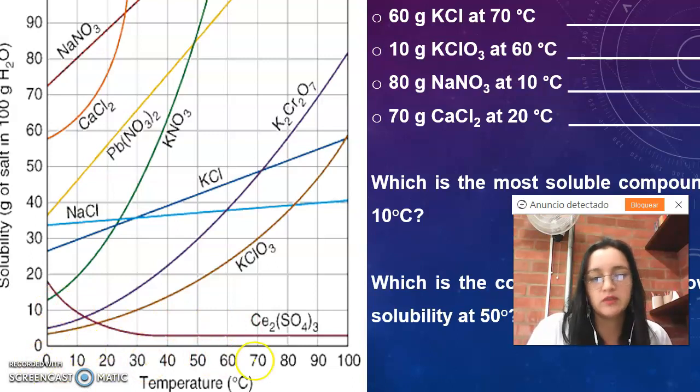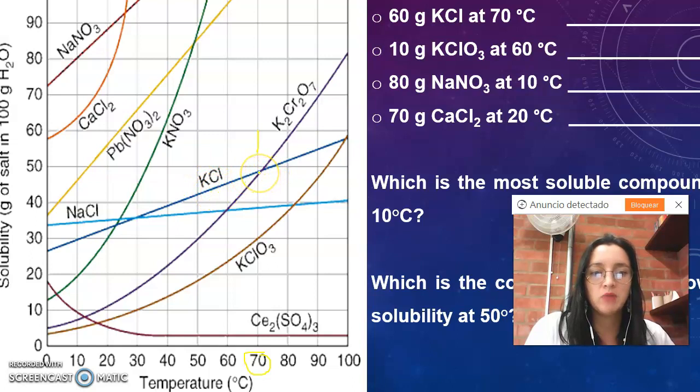I usually look first at the temperature. So 70 degrees is right here, and then I go all the way up until I find the 60 grams. So 60 grams is right here. If we go back to where the line is, KCl is right here.